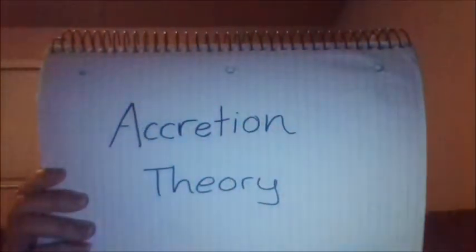Okay, so the good stuff. What we're going to talk about first is a really vital part of planetary formation, and it's called the accretion theory. What you need to know about accretion theory is, if you remember the protoplanetary disk that we talked about from the nebular theory, there's all of this extra gas and dust revolving around the protosun, right?